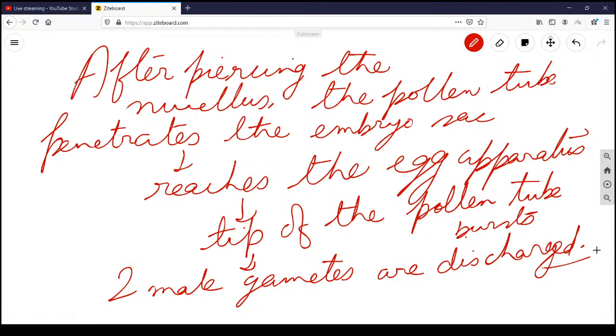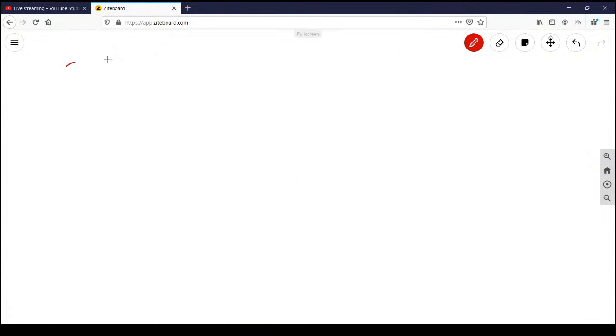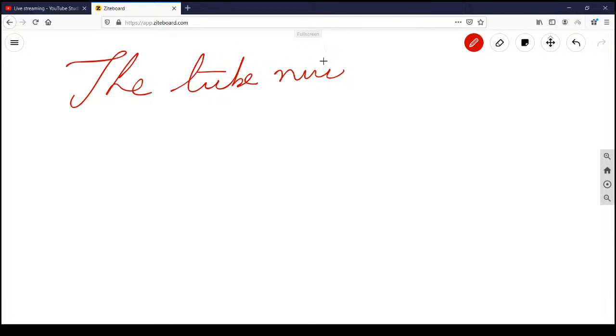Now, the tube nucleus disorganizes. The tube nucleus means the nucleus of the tube cell or the vegetative cell.